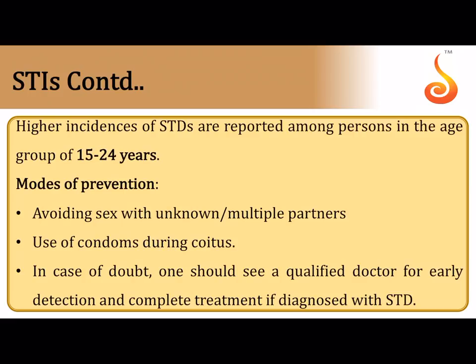Generally, from research and from statistics, it has been identified that people among the age group of 15 to 24 are more prone to suffering from sexually transmitted infections. So there are higher incidences of sexually transmitted infections among people in the age group of 15 to 24. Now, there are a set of 3 principles one must follow.